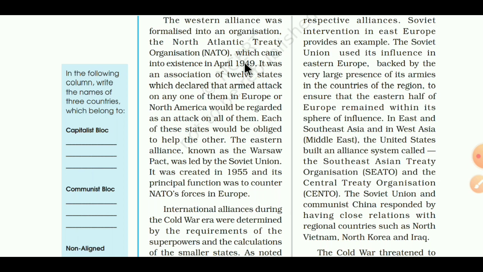Now there are 30 countries in NATO, and to counter NATO, Russia made its own alliance, known as Warsaw or the Eastern Alliance, because most of the Eastern countries joined the USSR and the Western countries joined the United States of America.